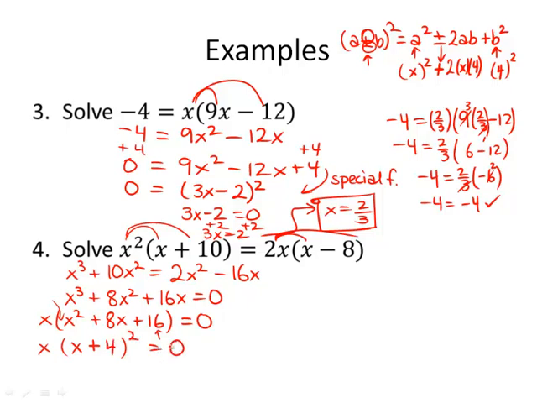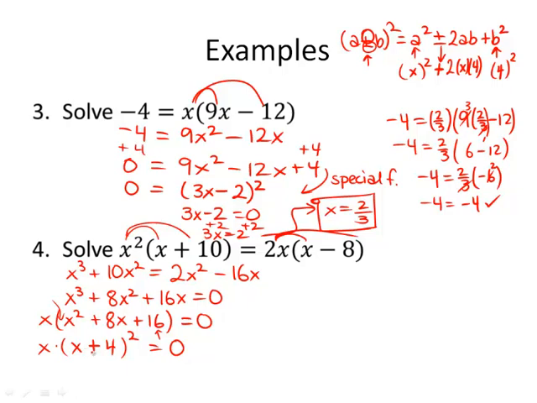Another special factoring example for you. Remember that it's a trinomial, so you could do decomposition the longest way. You could do the direct two bracket way. Two numbers that multiply to 16 and add to 8 are 4 and 4. Either way, you get to the same thing. So again, you take each factor and consider equaling to 0.